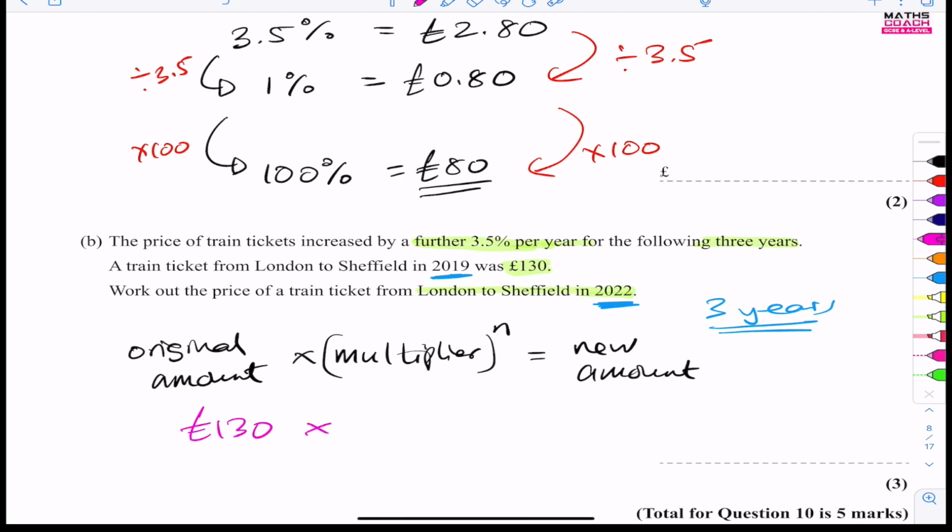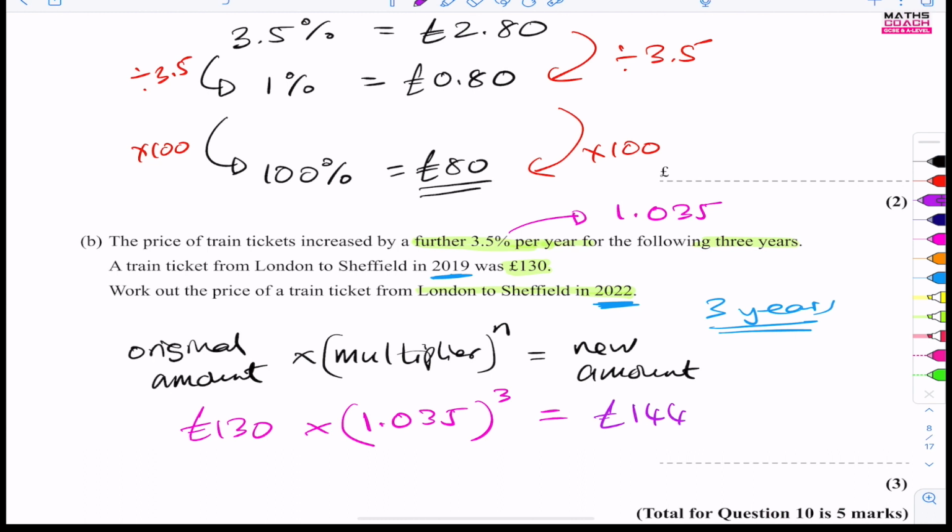The multiplier for 3.5% is going to be 1.035. So 1.035 to the power of n, which is 3. And just knock that into your calculator and you get an answer of £144.13. So that is the price of a train ticket from London to Sheffield in 2022.